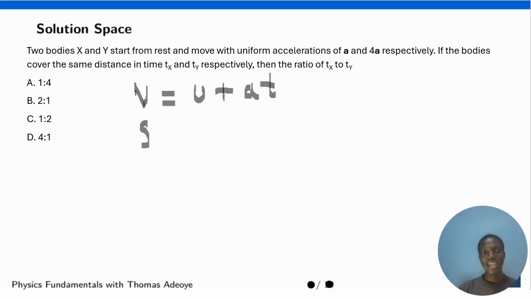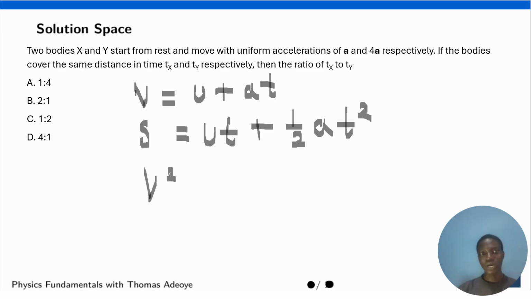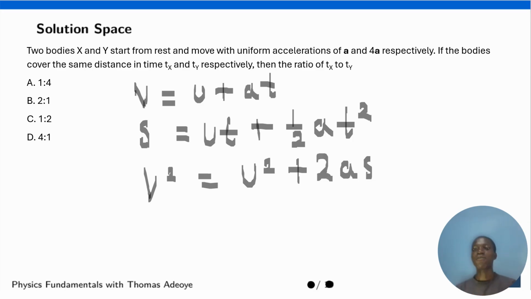Another one is S equals UT plus 1/2 AT squared. The other one is V squared equals U squared plus 2AS. So these formulas are for uniformly accelerated motion, that is, a body that is moving with uniform acceleration.